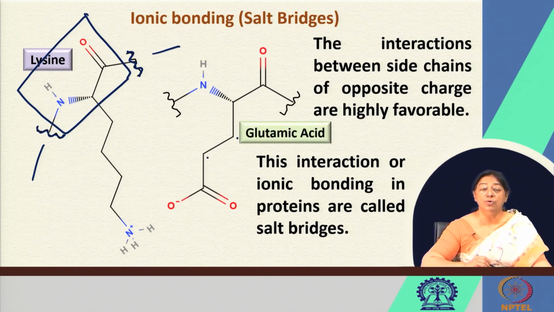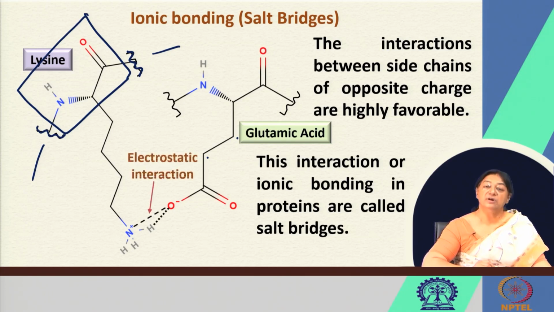So, we have to know how to identify the amino acids, and then also know, from a knowledge of the type of side chain, what kind of interactions are possible between the specific side chains. When we are looking at the side chains of lysine and glutamic acid, we see that there is a possibility of an electrostatic interaction because of the negative charge and the positive charge.